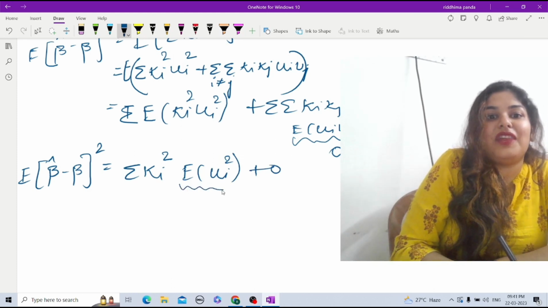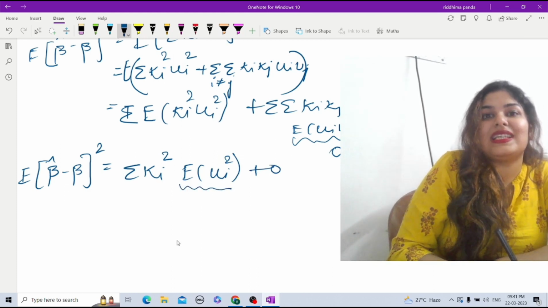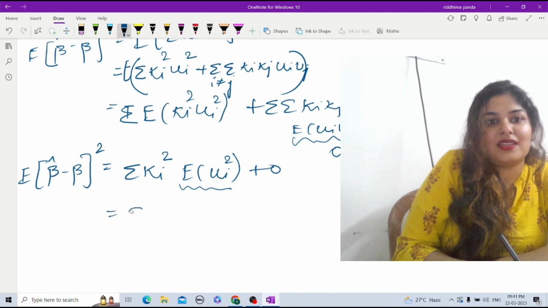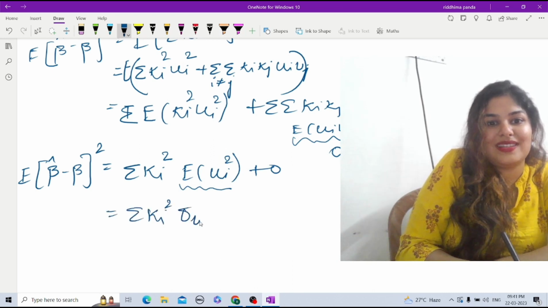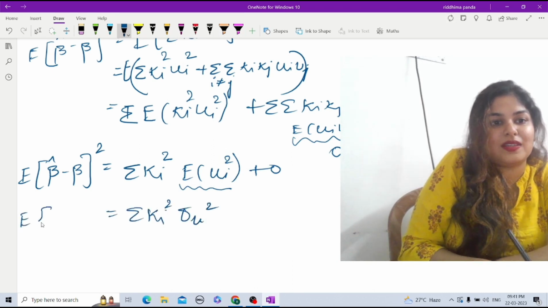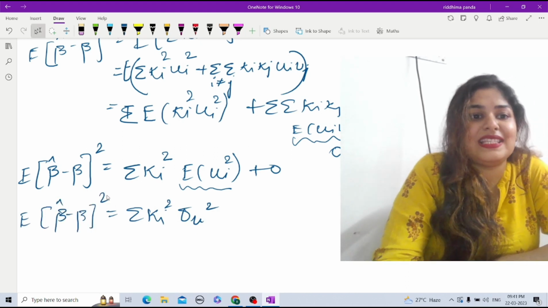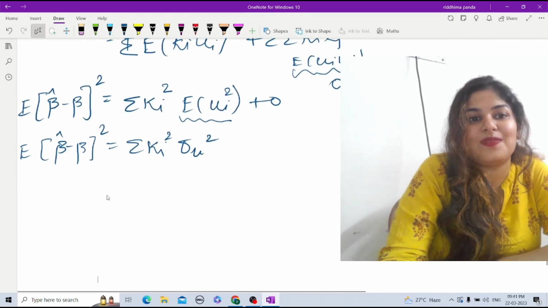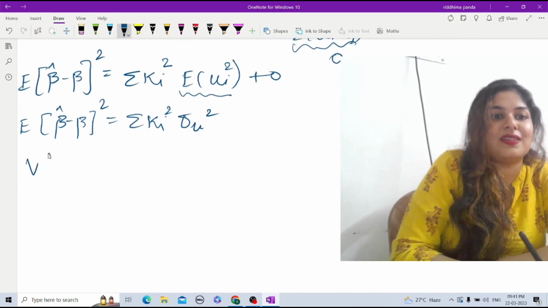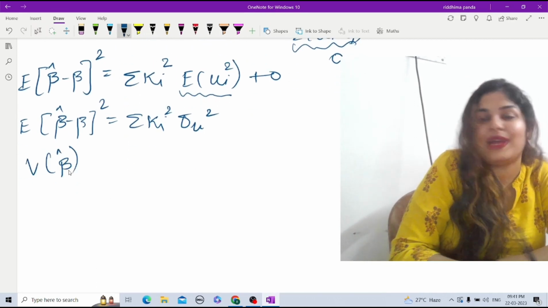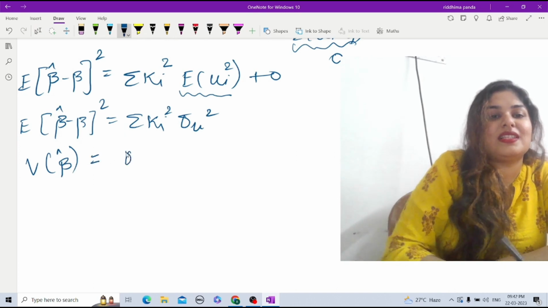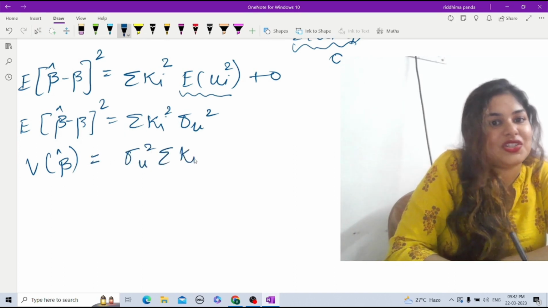Also, the variance of the disturbance term is sigma u square. So that is summation ki square sigma u square. That is expectation of beta hat minus beta whole square. Now from the next line, instead of writing expectation of beta hat minus beta whole square, I will simply write variance of beta hat that I am actually calculating. Now this is equal to sigma u square summation ki square.